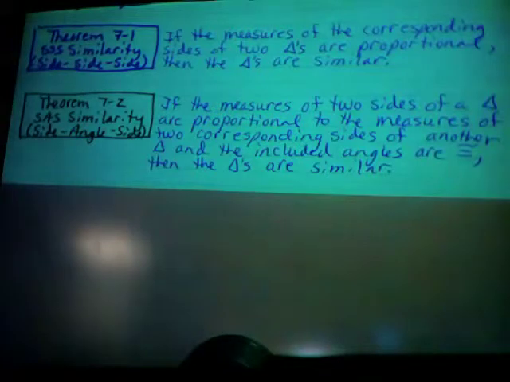So if the measures of 2 sides of a triangle are proportional to the measures of 2 corresponding sides of another triangle, and the included angles are congruent, then the triangles are similar. So it's really important that it's the included angle between the 2 corresponding sides. So again, we can't have ASS, which is a bad word, whether you spell it forwards or backwards.